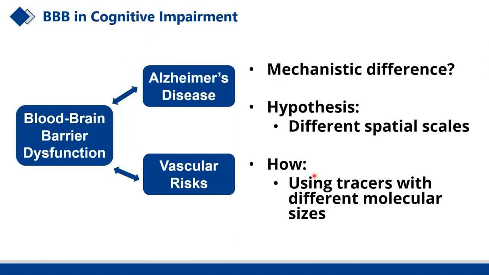So our question here is that since BBB dysfunction is related to both Alzheimer's disease and vascular pathology, are there any mechanistic differences in these two relationships? And if there are, how can we demonstrate that? Our hypothesis is that BBB dysfunction is related to both Alzheimer's disease and vascular pathology, but their relationships are on different spatial scales, and we can use tracers with different molecular sizes to demonstrate that.